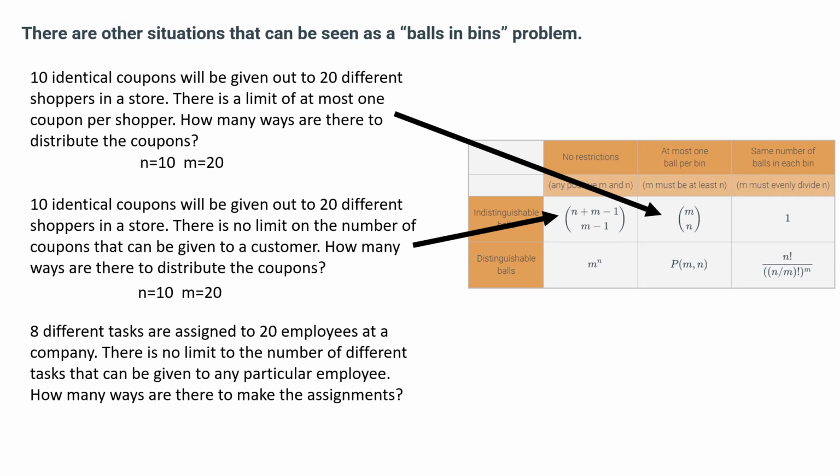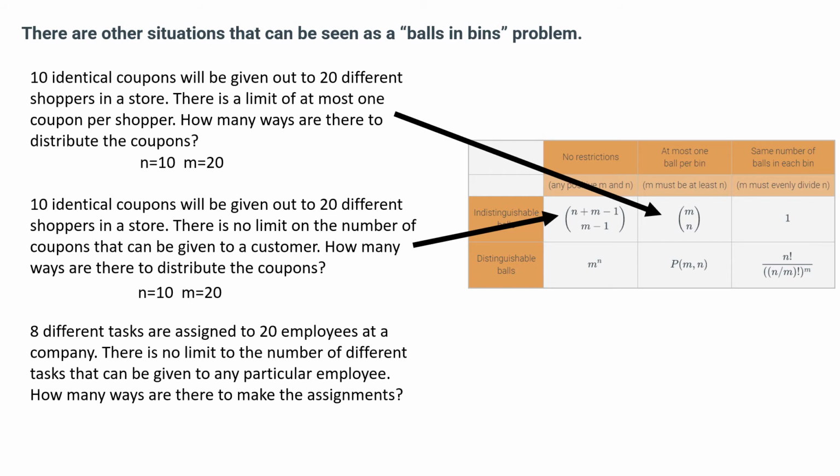So again, we can look at the people as the bins, and we're going to be doling out tasks to the people. So it's like we're handing out, maybe a Post-it note for each task, to an employee, and it says there's no limit, so we could choose one employee to give all of the tasks to if we really wanted to.